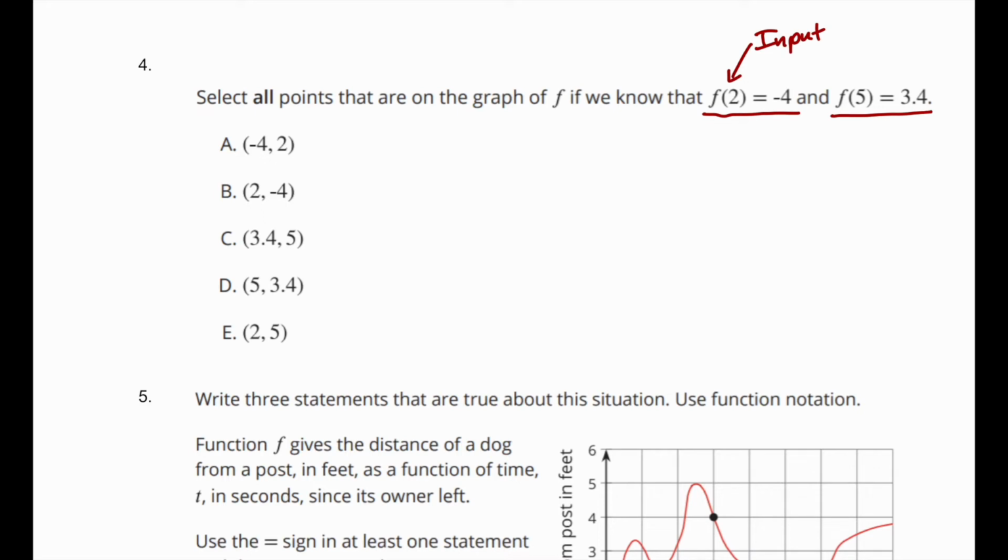Let me fix that arrow there because I want to make sure I'm pointing directly at that too. And our input values are going to be x values.